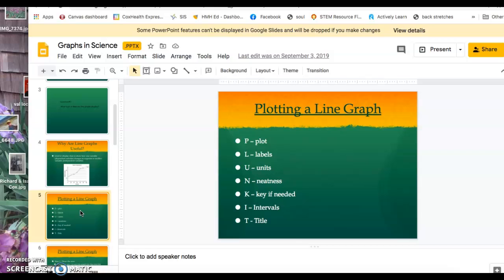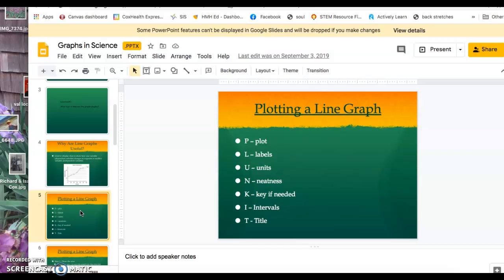N is for neatness. This is the one that many people have a hard time with. But because you have an iPad, you could do it on there and it makes it much easier if you do have a hard time with your neatness. K is for a key if needed. Sometimes you need a little box over to the side, especially for things like double line graphs where you've got more than one line on there.